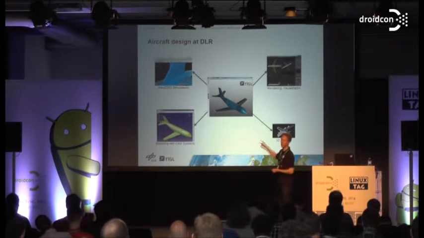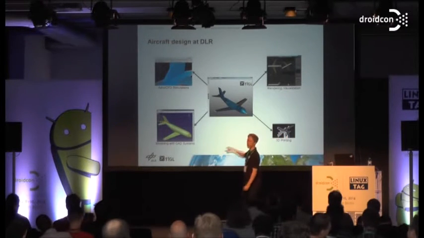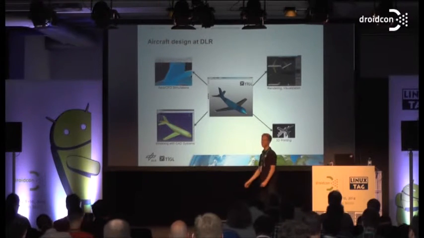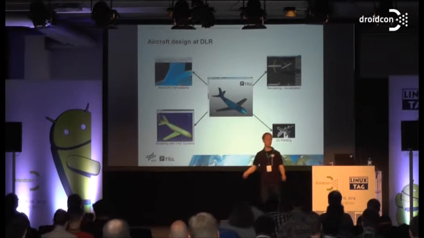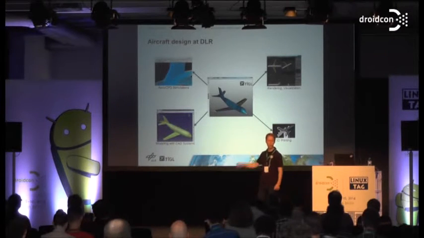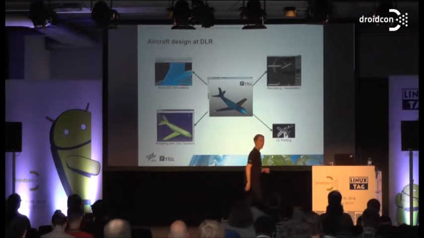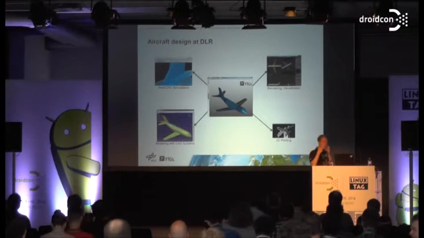So you're creating your surface mesh, and then you give it to the aerodynamic simulations, or you export your geometry into CAD systems, or you can also visualize the geometry with Blender, for example, or even print it. You can export STL files and print the aircraft and just have a look at what they look like.